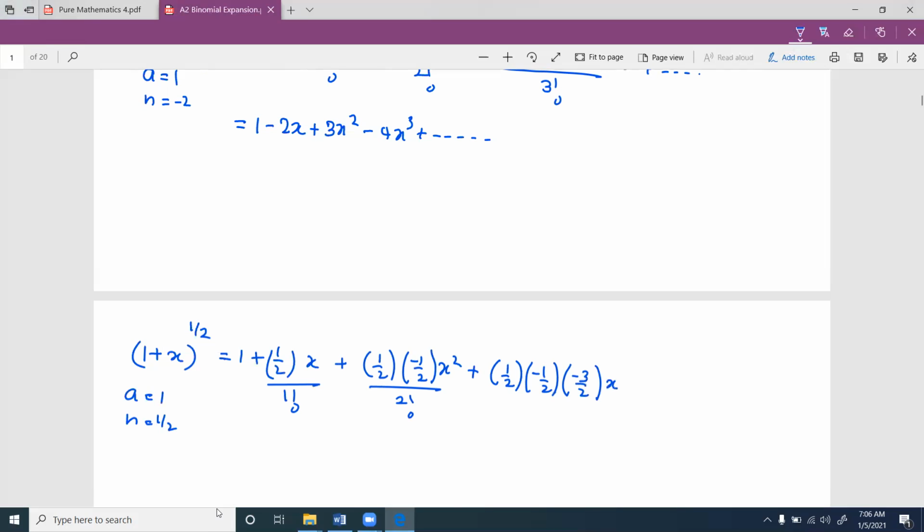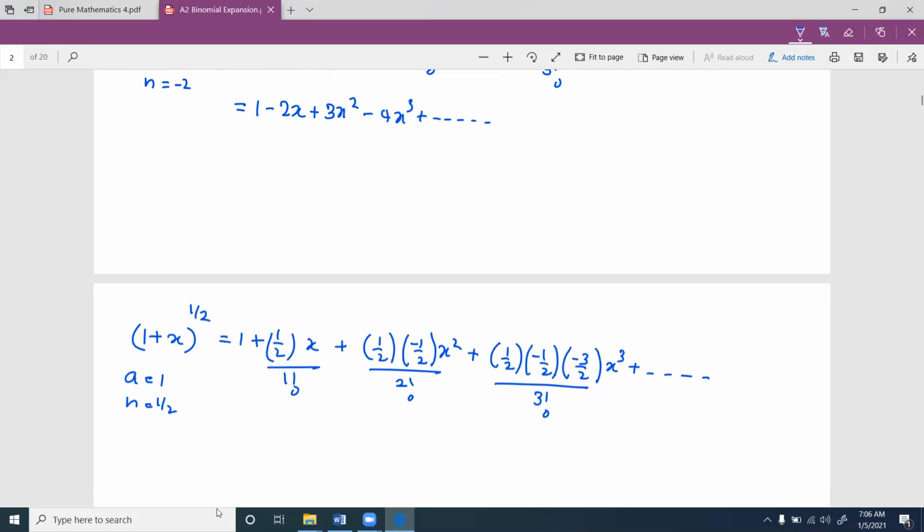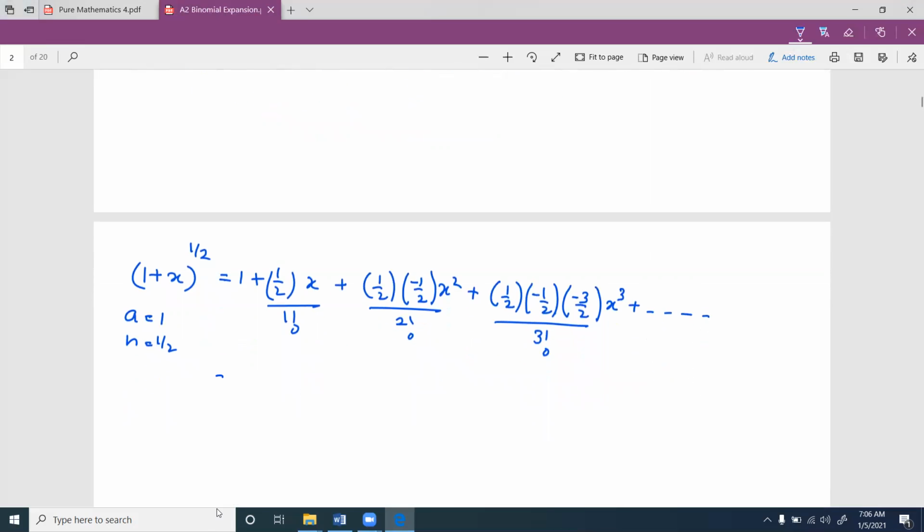You can put it in the calculator and obtain this answer if you are not sure about it. Then like that, it can go up to infinity. Let's try to simplify this. It turns up to 1 plus half x. And if you just work out, it turns up to minus 1 over 8 x squared. You just divide half into minus half by factorial 2. Let's go to the next one. Half into minus half into minus 3 over 2, divided by factorial 3.